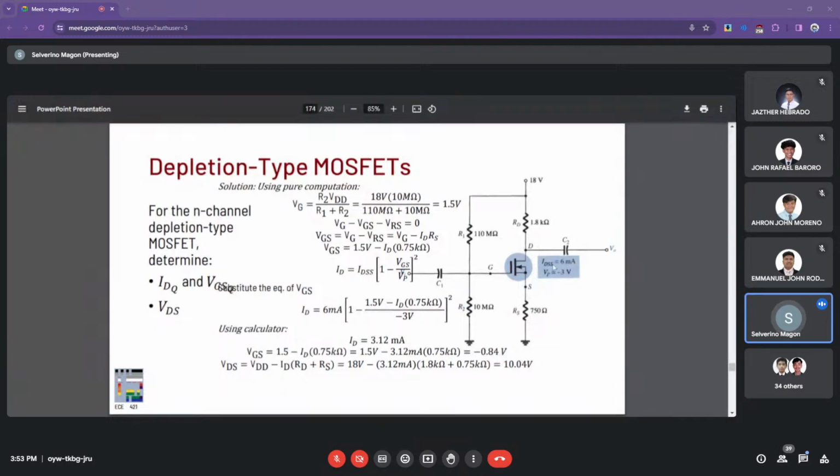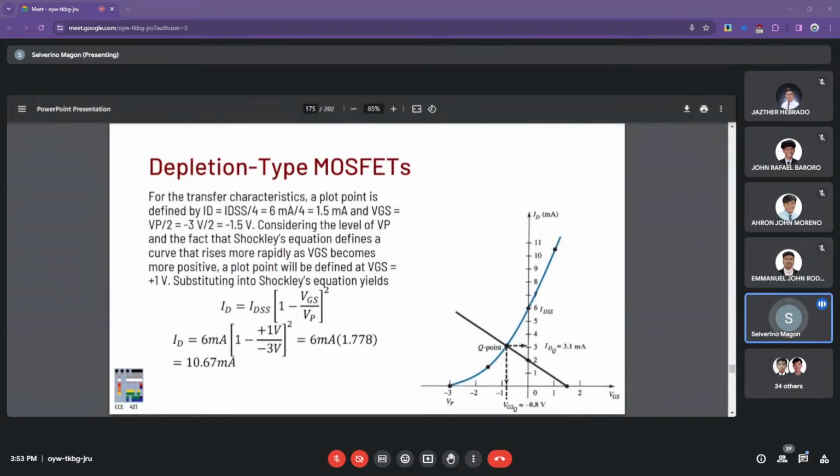Because C2 acts as a short circuit for high frequency components. So that is how amplification takes place, with the separate DC and AC analysis. Tomorrow, we'll cover the AC components of this analysis.